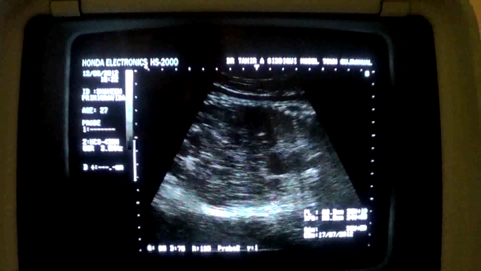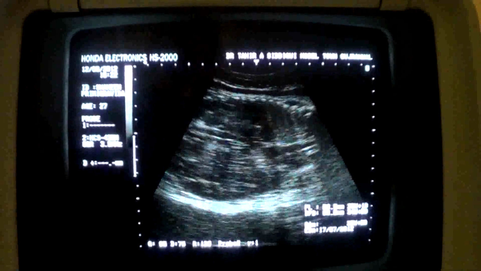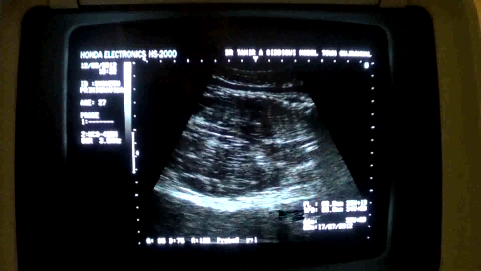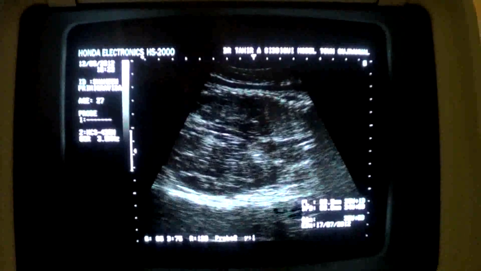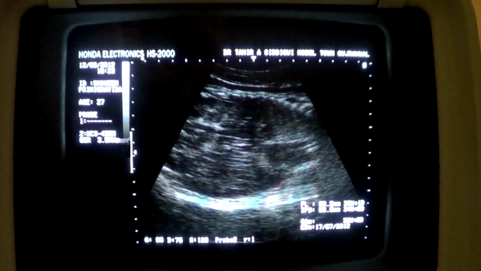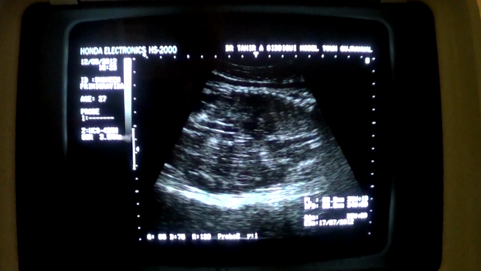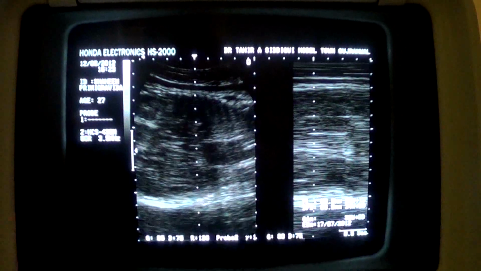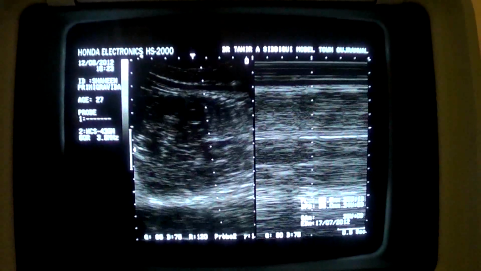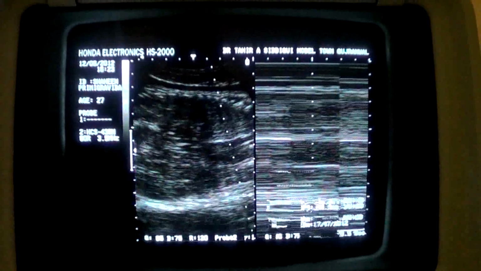So this is a case for intrauterine fetal demise at 35 weeks gestational age. It's a recent demise because you saw that the skull was normal. There was no overlapping of the skull bones. Now this is the heart.